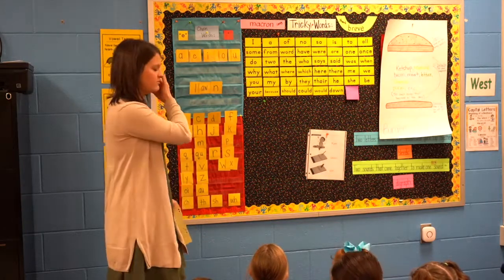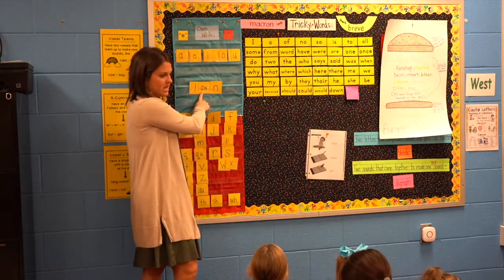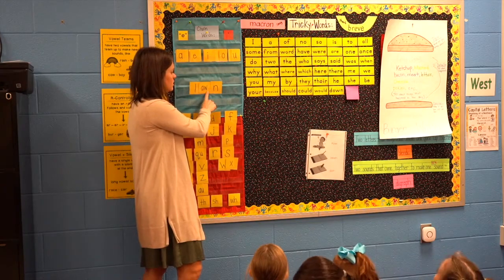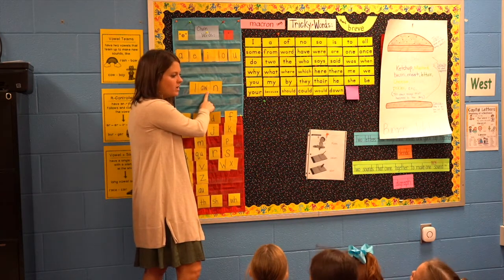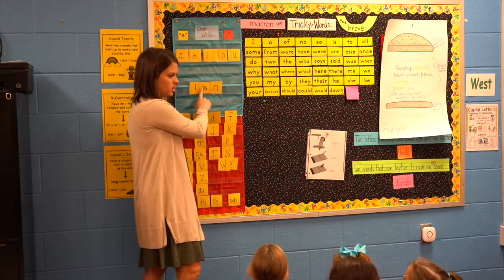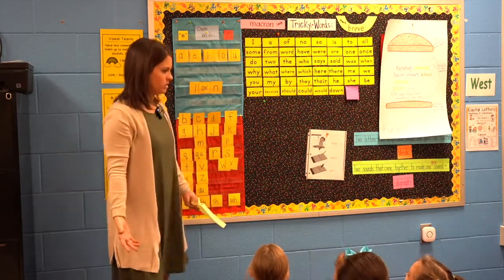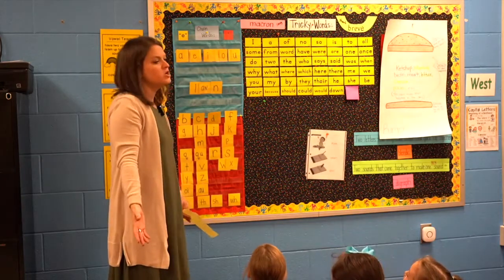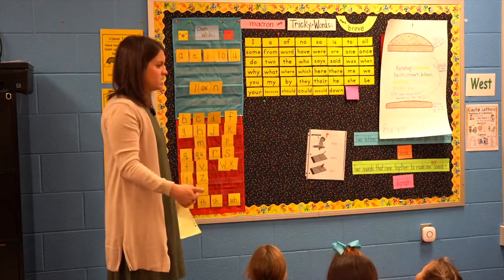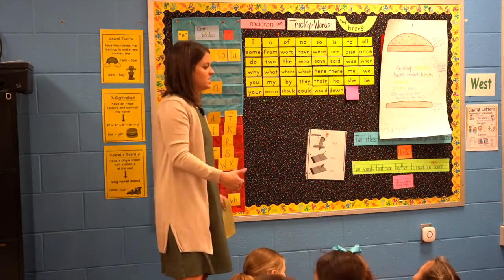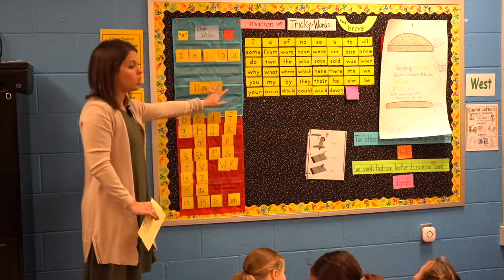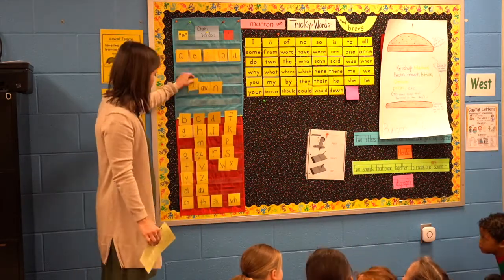Because if I have A by itself, what does A say? Ah. What does W say? W. Do we say ah, w? No. Ah, w, n? Loun. I can't even really pronounce that because it doesn't make sense. That's why AW makes a sound together, and it says all. So we have lawn.